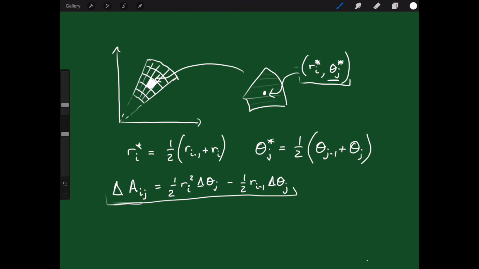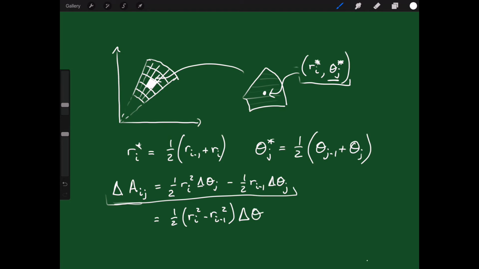All right, so now let's combine this into one statement. I could factor out a 1/2, and I could also factor out delta theta sub j, but what would be left over is r sub i squared minus r sub i minus 1 squared.